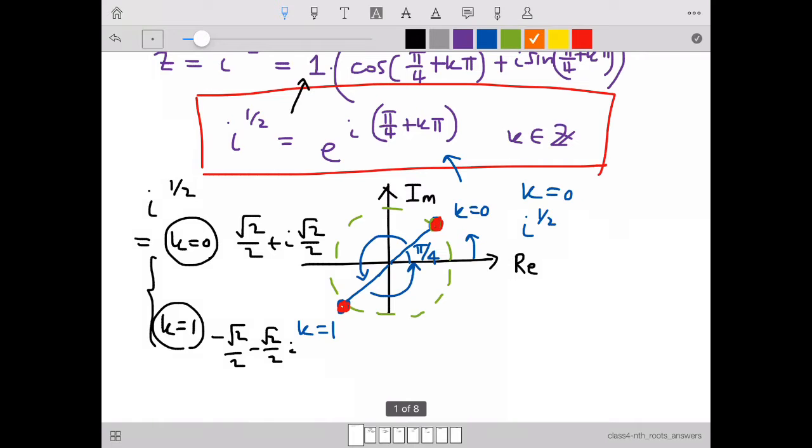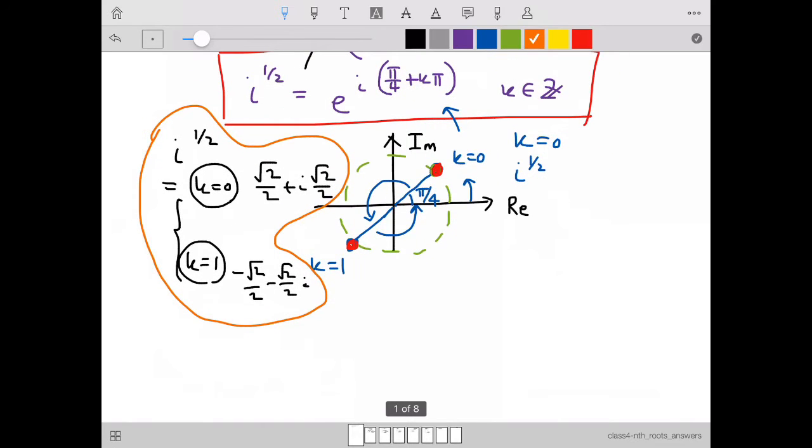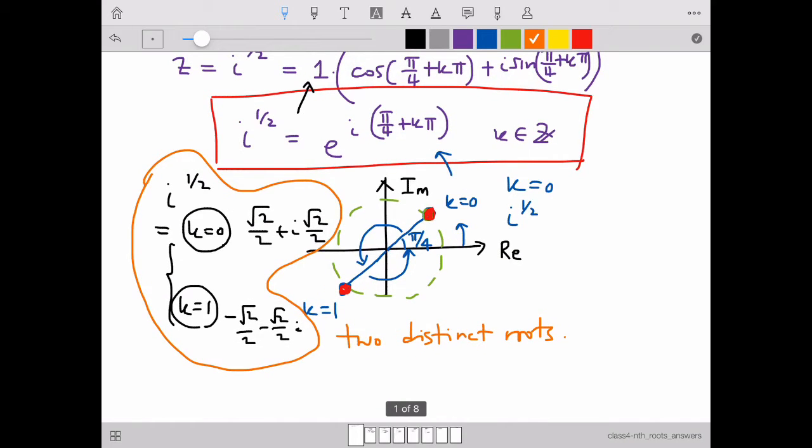So I have two distinct roots. How do I obtain these roots? From this one root from k equal to 0, we are adding angles.